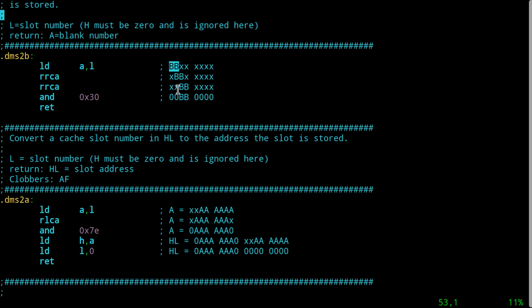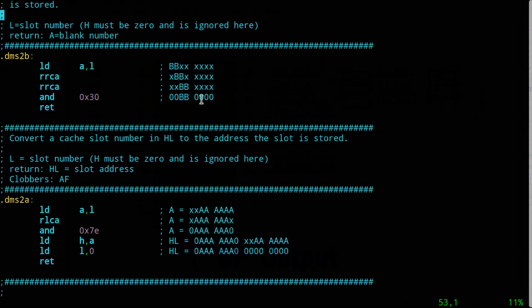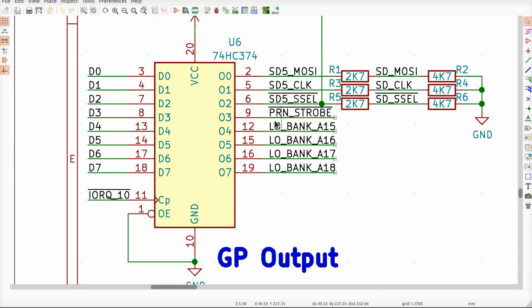We're going to shift it right again. And this is a rotate instruction, but it doesn't matter. When we're done with that, we're going to AND it with a hex 30, which is going to force all these bits over here to be zeros, leaving us with this 2-bit number there, which we can then directly store into our latch for the value of these bits here. And of course, if and when we ever do that, we need to make sure that we don't accidentally twiddle these values down here.